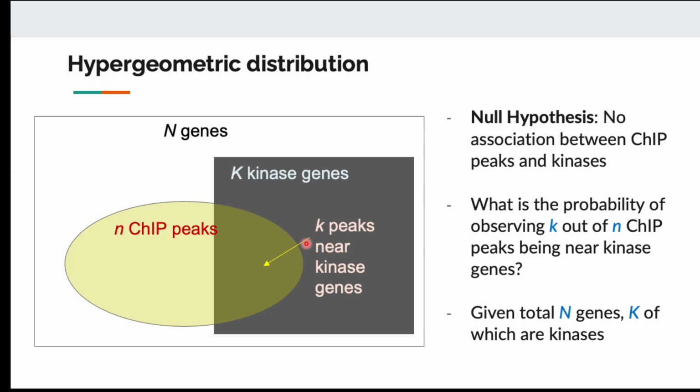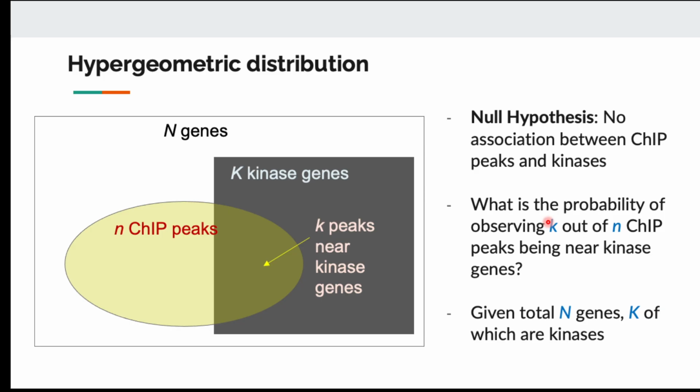So what we want to interpret is, what is the probability that we see, let's say, 100 peaks out of 1,000 peaks being near kinase genes by chance, if the experiment that we are analyzing has no relation to kinases?